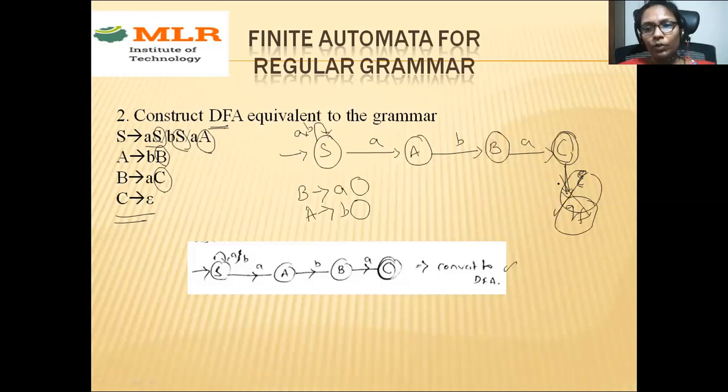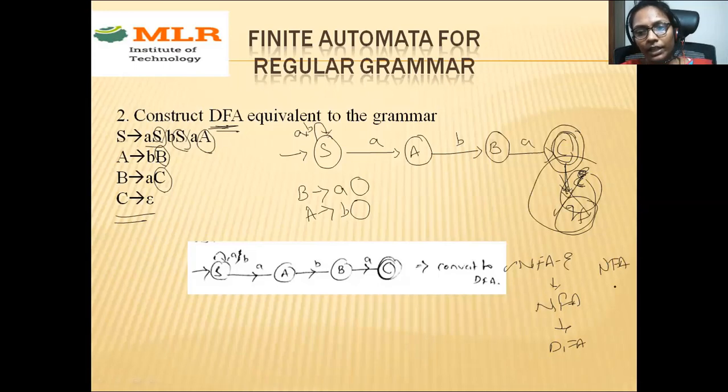You can keep this epsilon as it is, but since they asked for a DFA, first you need to remove epsilon, NFA with epsilon to NFA, then NFA to DFA. If you directly make the C state the final state, you will get an NFA that you can convert into a DFA, which will be the final answer for your problem.